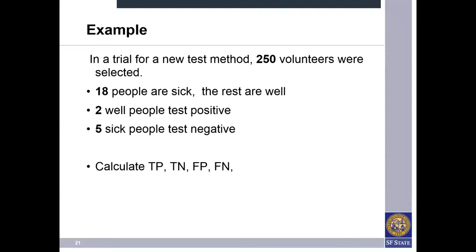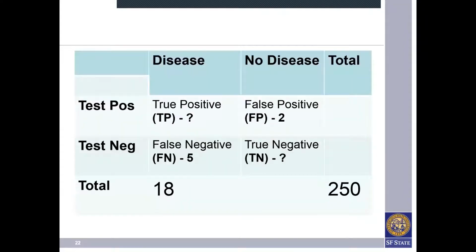So let's create our table. So this is what we start off with, yeah? 250 total, 18 are sick, 5 false negatives, 2 false positives. What are my other numbers here? How many true positives do I have?